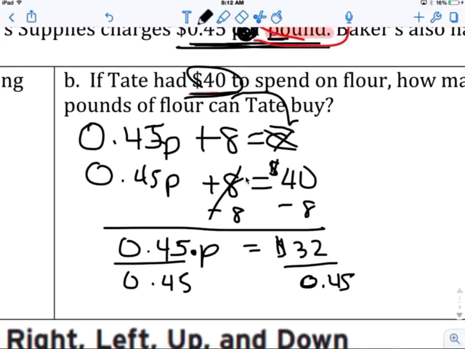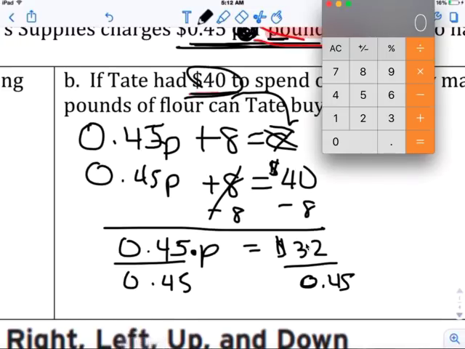Take your calculator. 32, oops. Divided by, oh, that's 36.